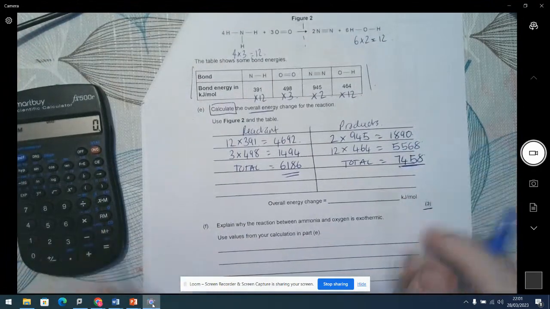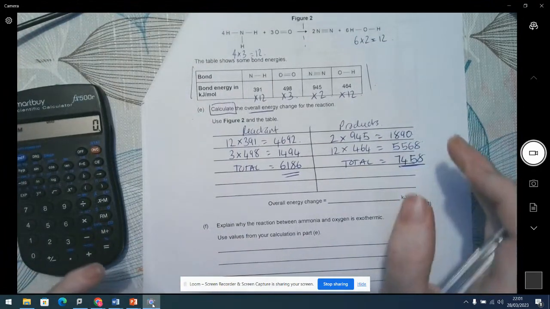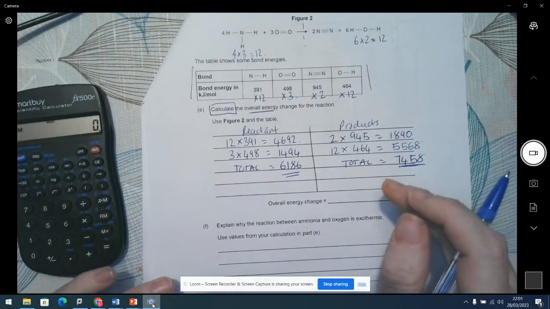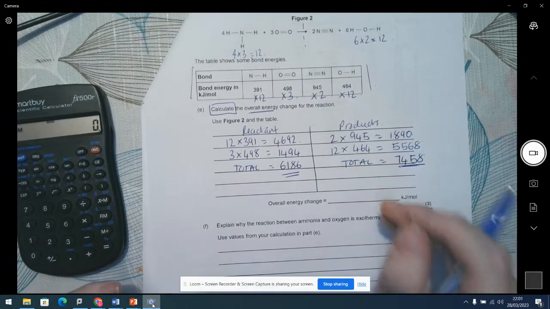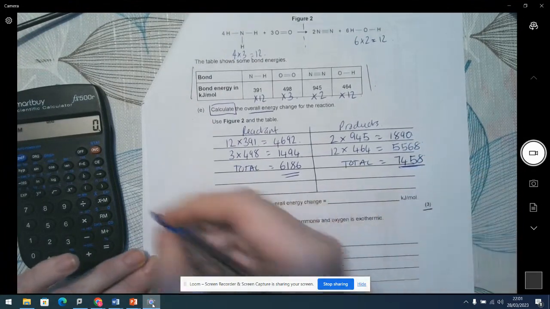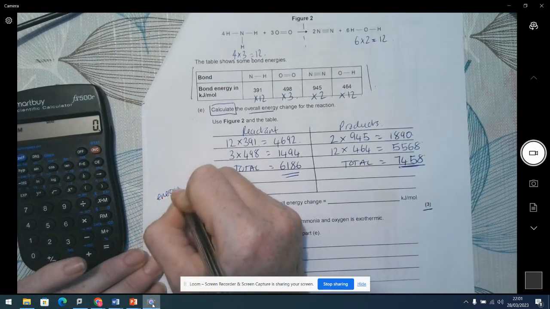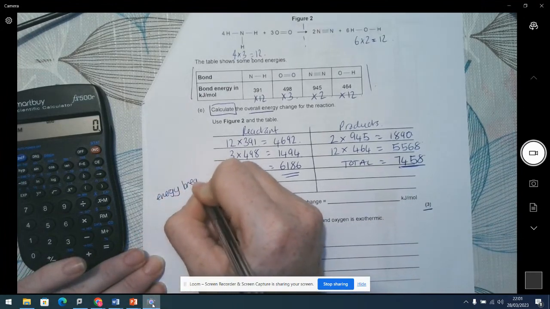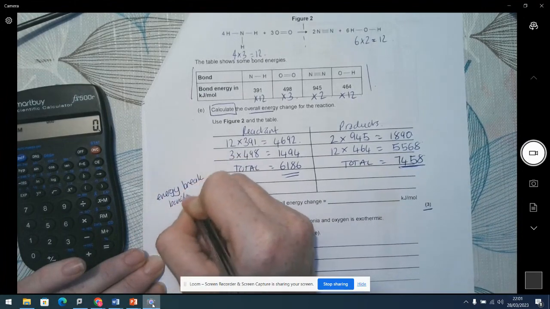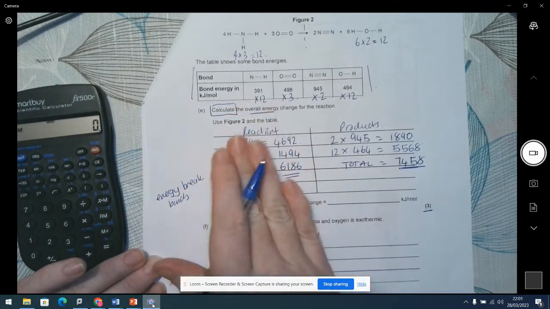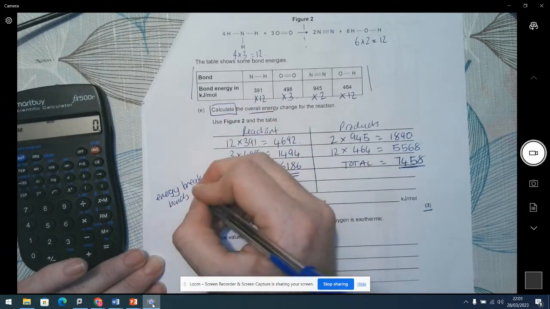It's knowing what you have to do now. And the key to this is knowing that you have to essentially find out the overall energy change. And the overall energy change is the energy required to break the bonds. Okay, so that's essentially the energy on the reactant side.